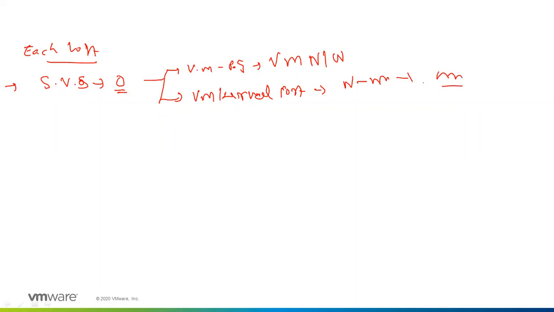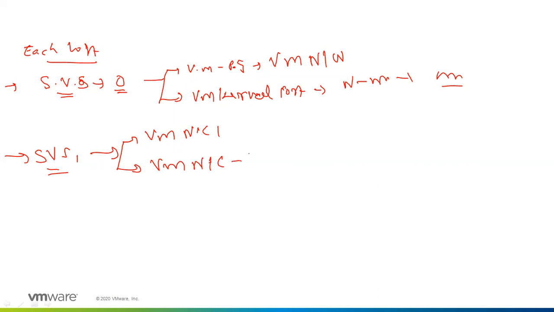All right. What additionally are we going to do? We will create one more standard virtual switch, vSwitch1. We will map this switch to VMNIC 1, because VMNIC 0 is already here, and VMNIC 2.